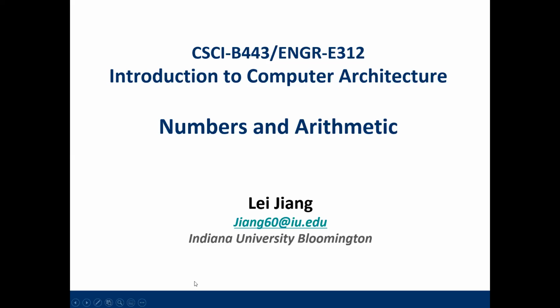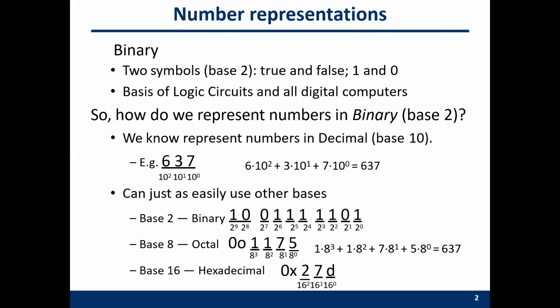Today we will talk about number and arithmetic. The number system used in the current computer system is binary. So we only have two symbols in the binary representation, 1 and 0, or true and false.